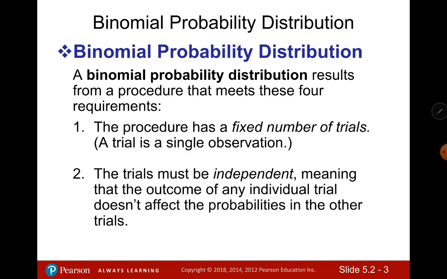And each trial should be independent of the others. That means the outcome of each trial does not affect the probability in another trial. So that's called independent.